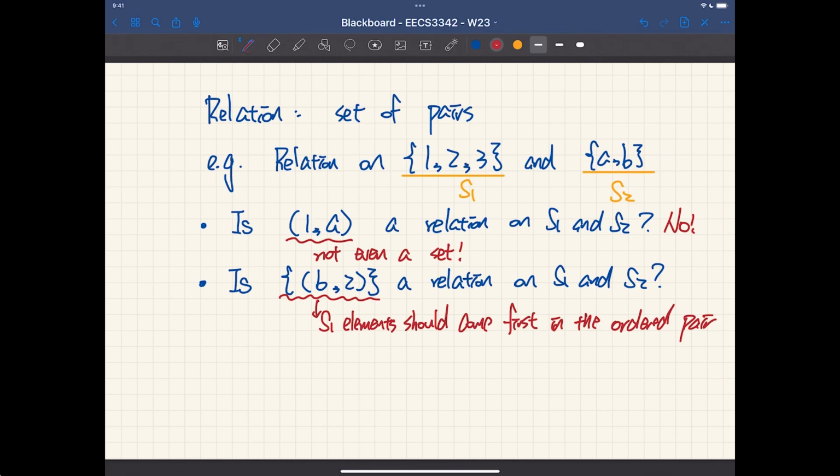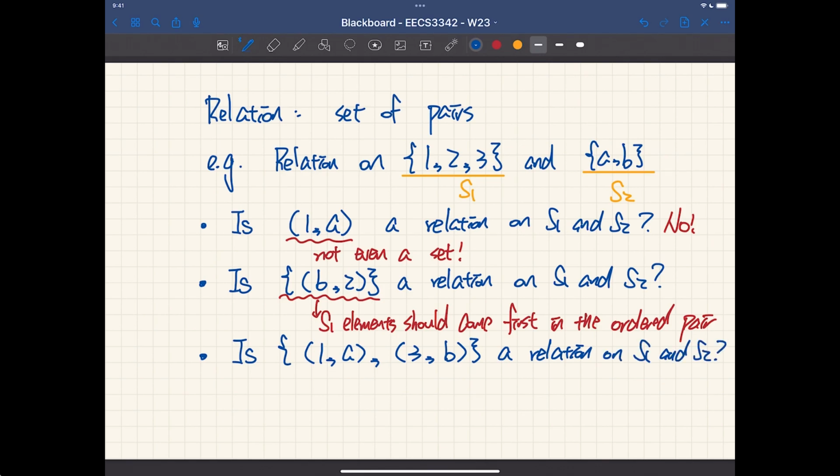All right, another one. Is 1A, 3B a relation on S1 and S2? Again, I meant every character I wrote. Yes or no? You're kind of afraid to say yes anymore. Yes, this one, yes.